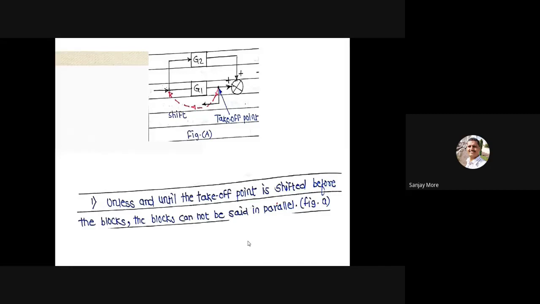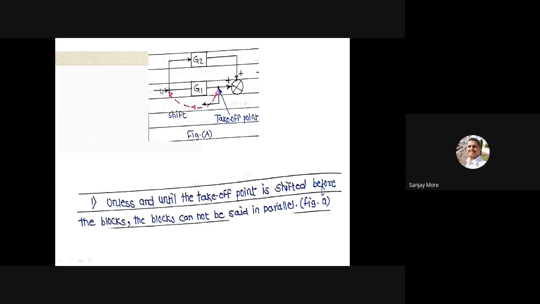Here, unless and until the takeoff point is shifted, the blocks cannot be said to be in parallel. Also, if there is a takeoff point or summing point in between the two blocks, these two blocks are not considered as a series. Same here: unless the takeoff point is shifted before the blocks, they cannot be said to be in parallel.